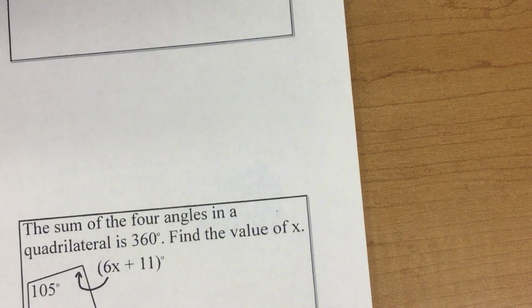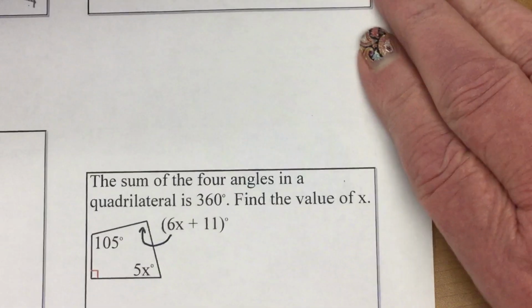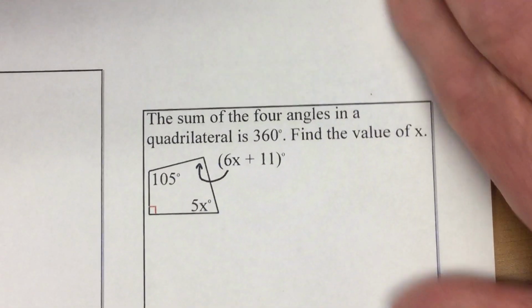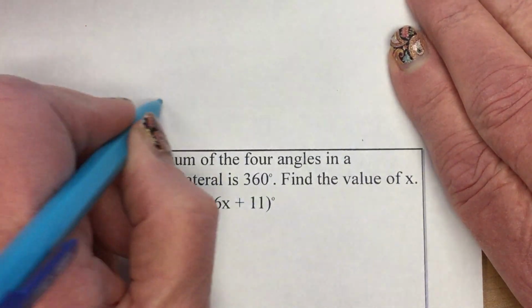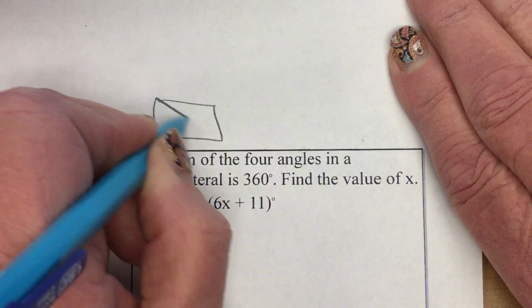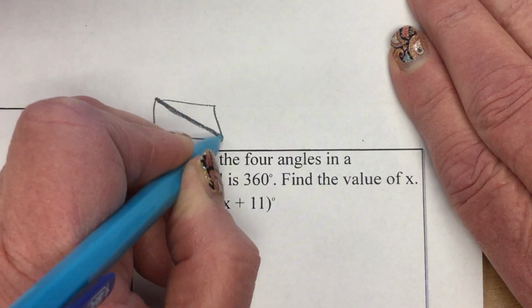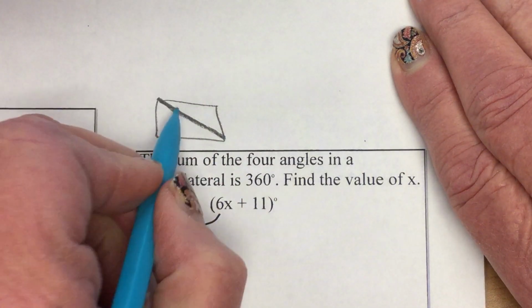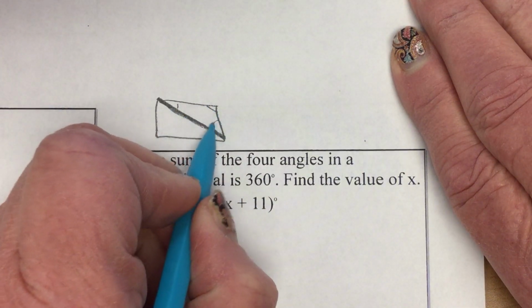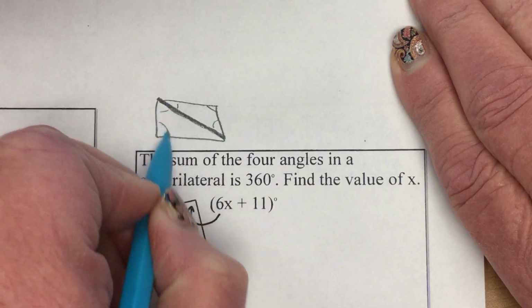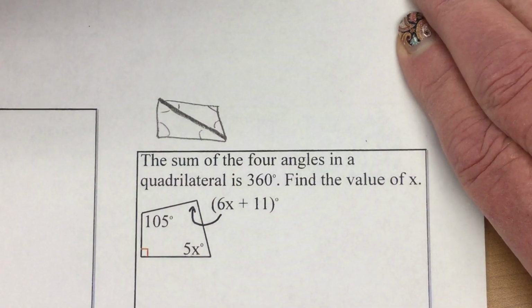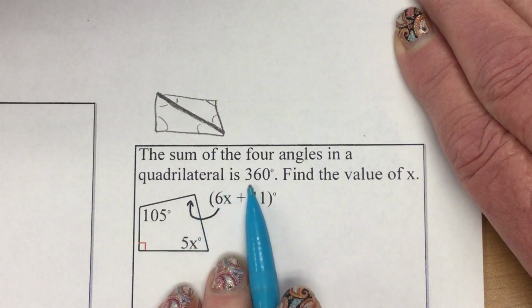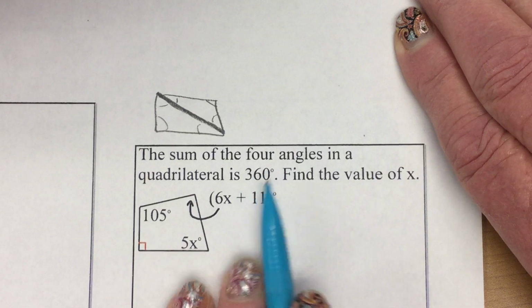Now, if I took a quadrilateral of any sort, and I drew down that diagonal, I would get two triangles. And we would know that these three angles would add up to 180, and these three would add up to 180, which means that all four are going to add up to 360.